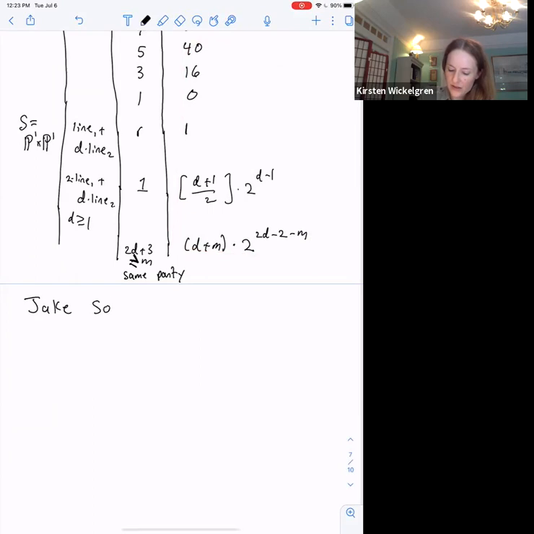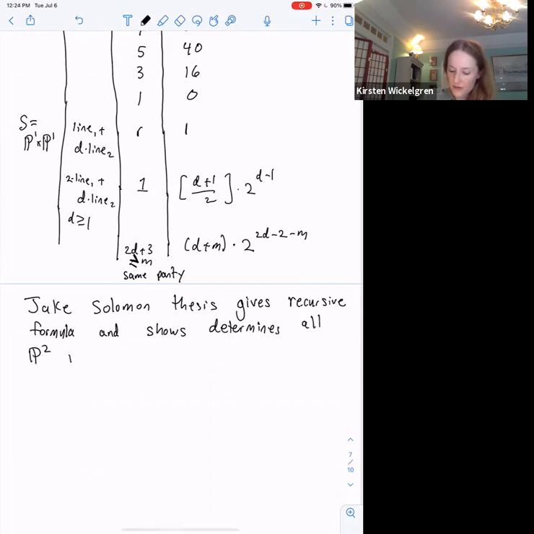So Jake Solomon's thesis gives a recursive formula and shows this determines all the invariants for P2.